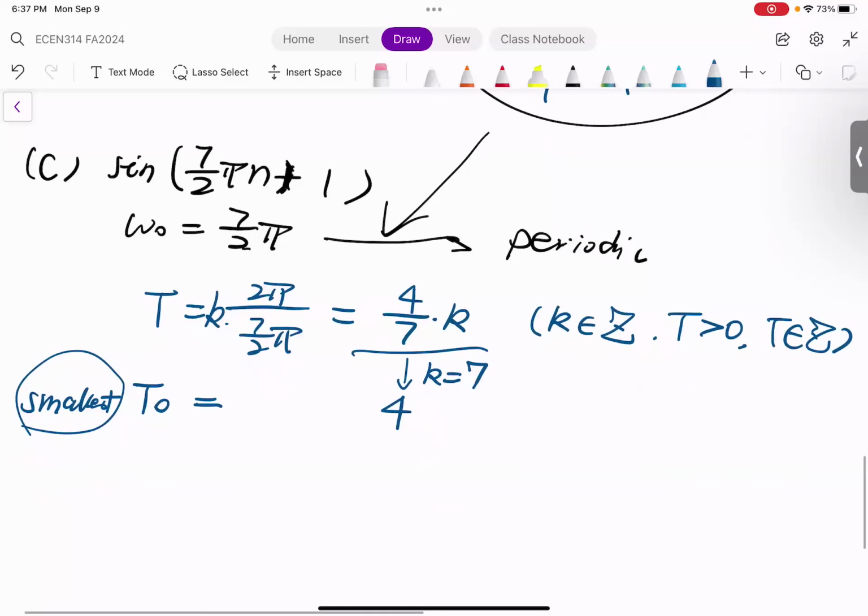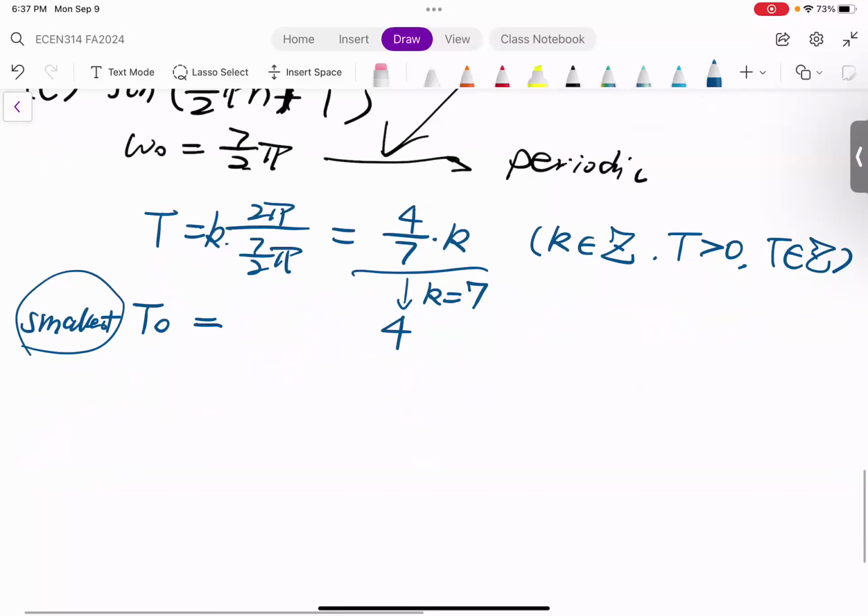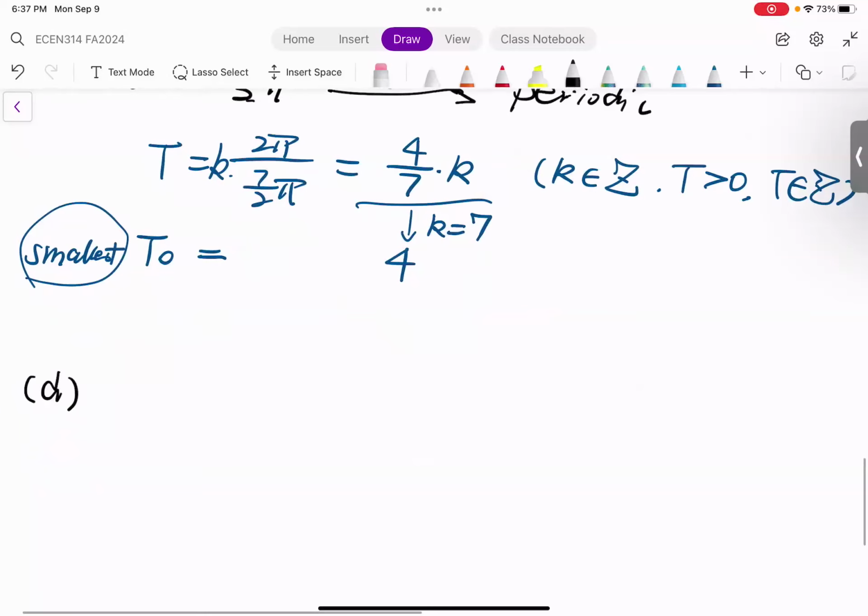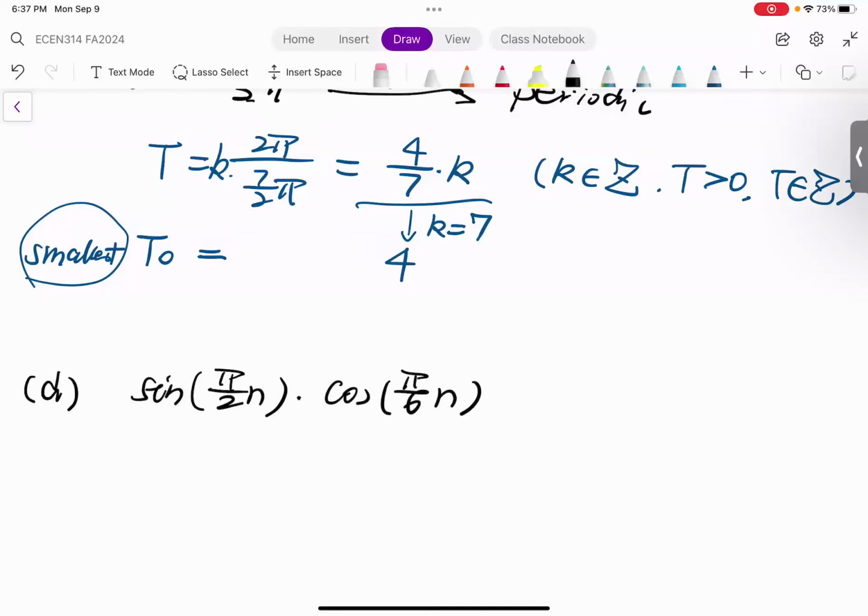Okay. And the last example, don't know whether I have time to talk about the last example, is a little bit more sophisticated. So let's say we have the sine of half pi n times cosine of pi over 6n. So it's definitely more complicated than any examples we have seen so far.